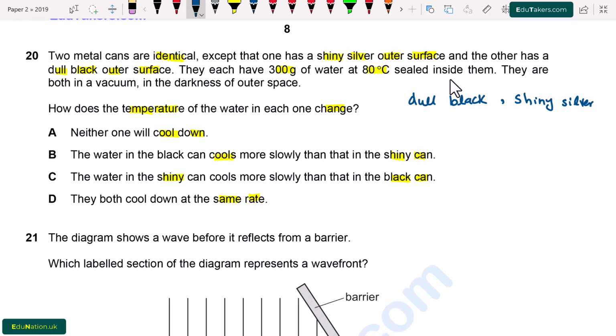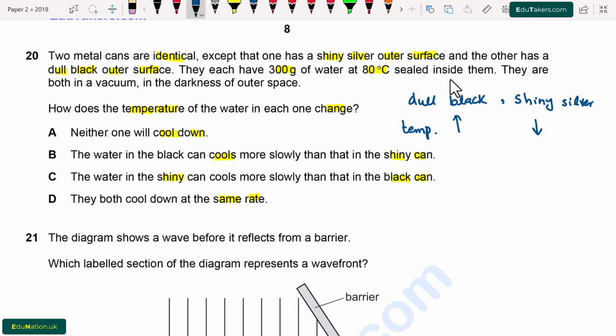So the change in temperature for the black can should be rapid as compared to that of the shiny can. So here the temperature change should be larger, but for the shiny silver, the temperature change should be small.